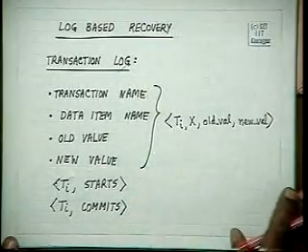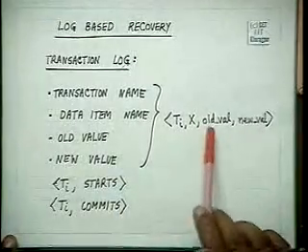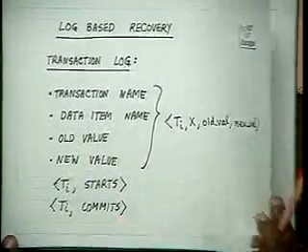So this is how we have three options of log based recovery. We also discussed two types of database modification, one called the deferred database modification and the other called the immediate database modification.